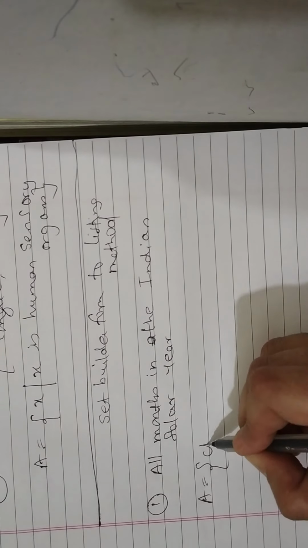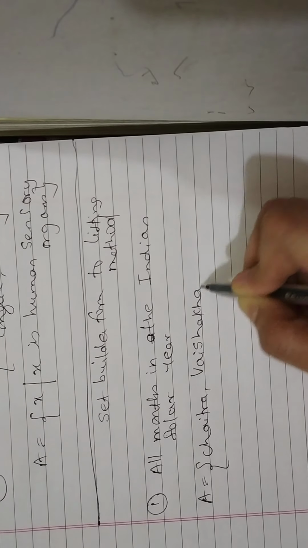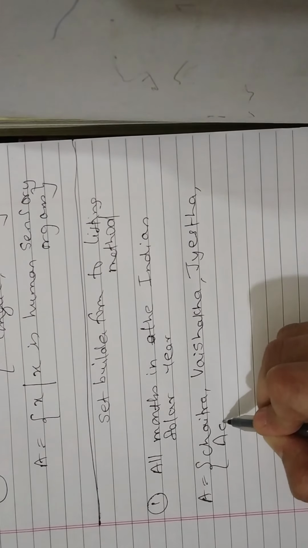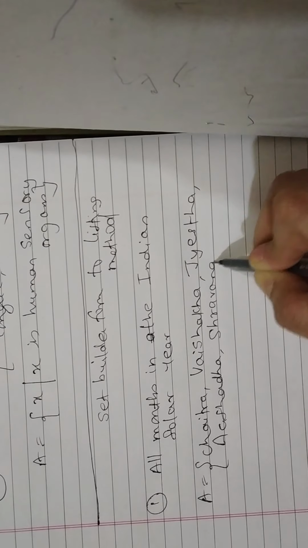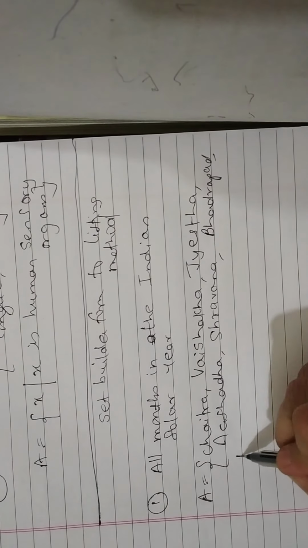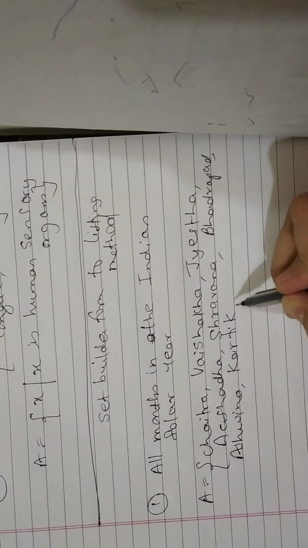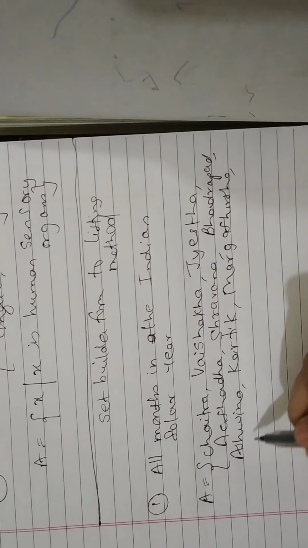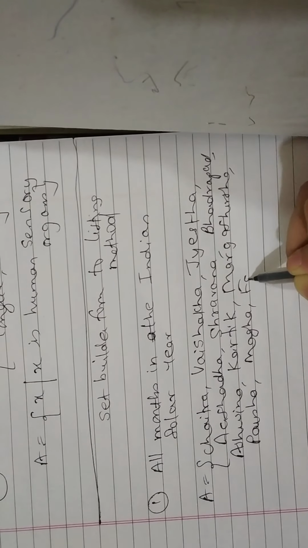I am going to put this: Chaitra, Vaishak, Jaishta, Ashad, Shravan, Bhadrapad, Ashwin, Kartik, Margashish, Paush, Magha and Falgun.